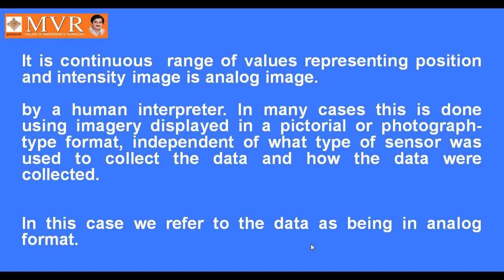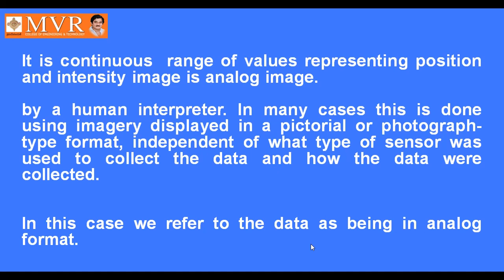In many cases this is done using imagery displayed in a pictorial or photographic type of format, independent of what type of sensor we used and how the data was collected. It is not dependent upon which type of sensor was used.